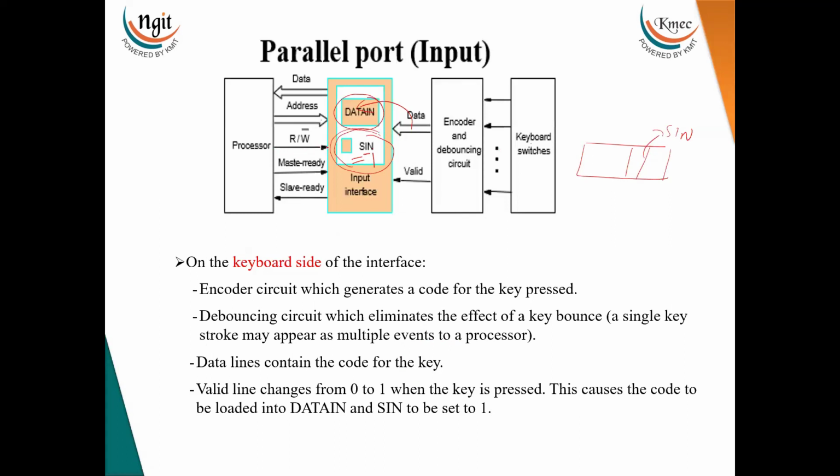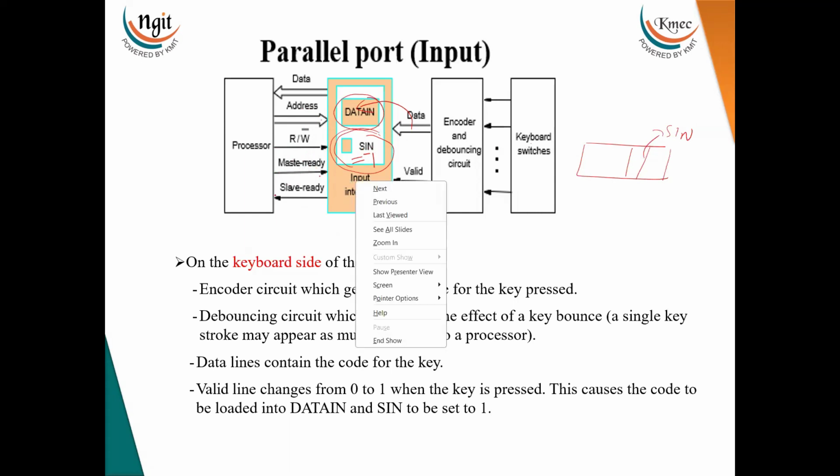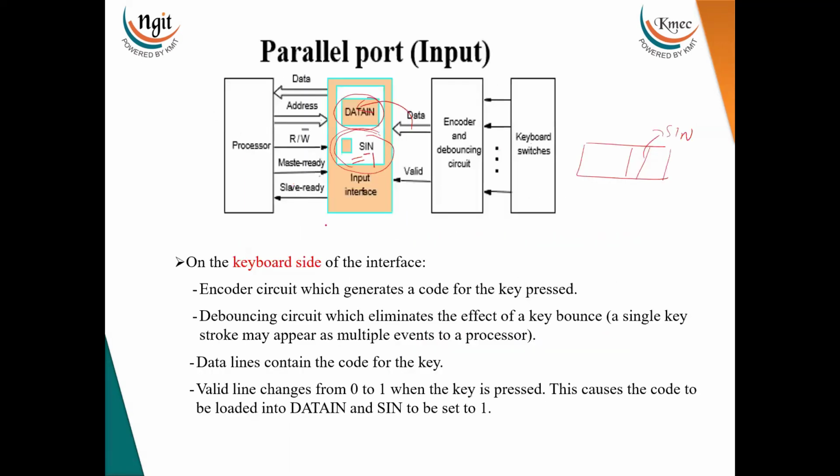After decoding the address, it places the master ready signal. When the master ready signal is received by the interface, it sends the slave ready signal, and along with it places the content of the status register onto the data bus.